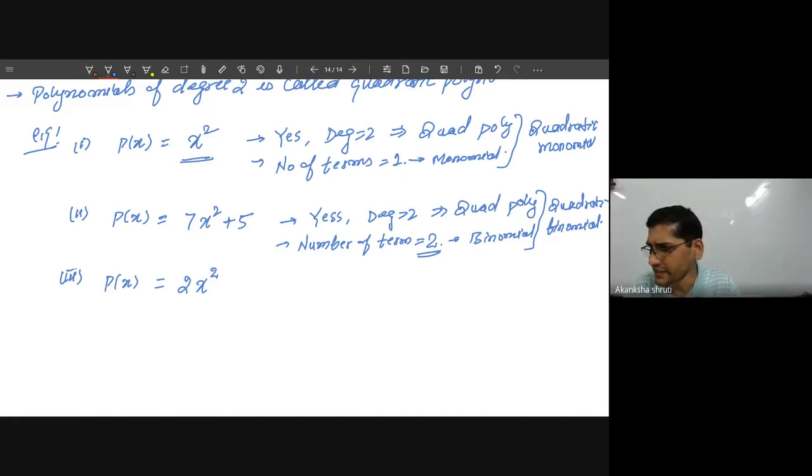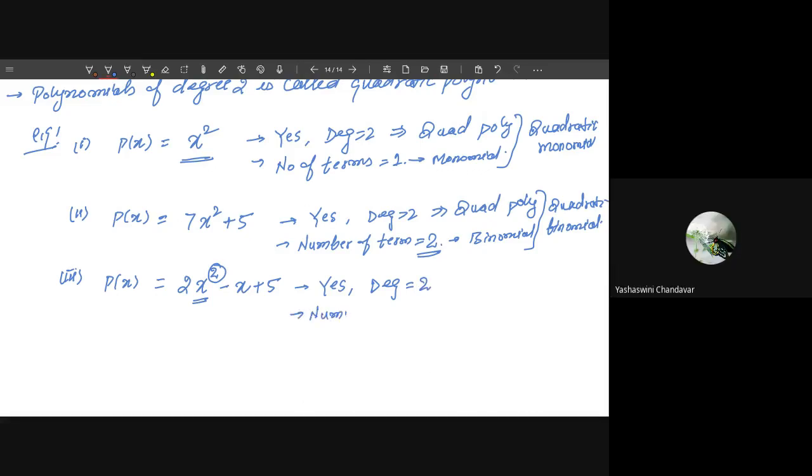If I am taking the next example as 2x square minus x plus 5, what is the highest power of x? It is 2. Though x is also there, is it a polynomial or not? Yes, it is a polynomial. If anyone is asking, the degree is 2. How many terms? 3.